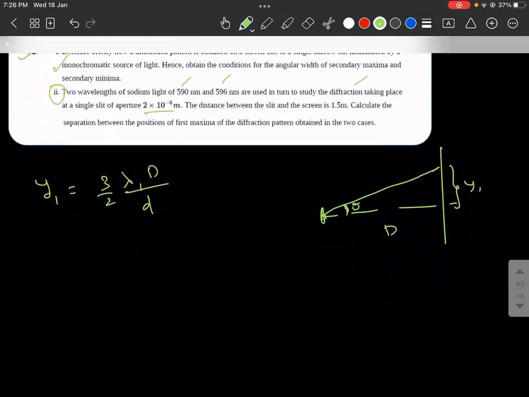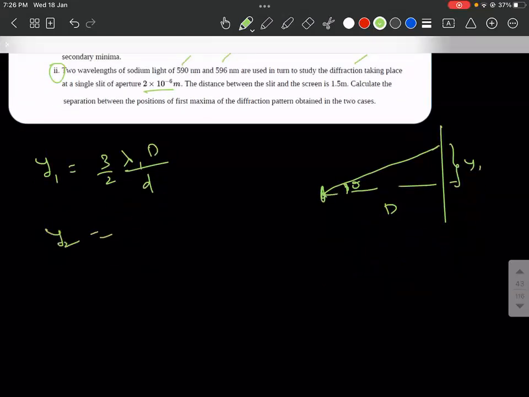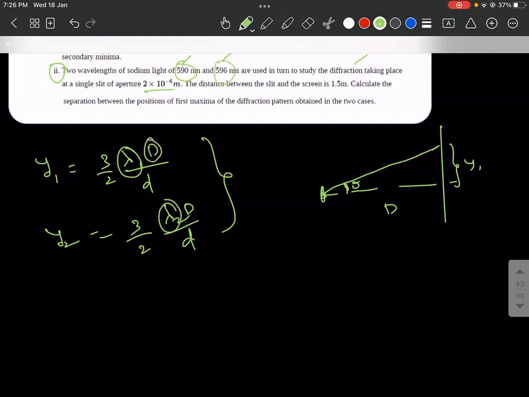In the same way, what is y2? 3/2 into lambda 2 into capital D by small d. So they're asking the difference between both. So what will you substitute? Lambda 1 is 590, lambda 2 is 596, capital D is 1.5, small d is 2 into 10 power minus 6.